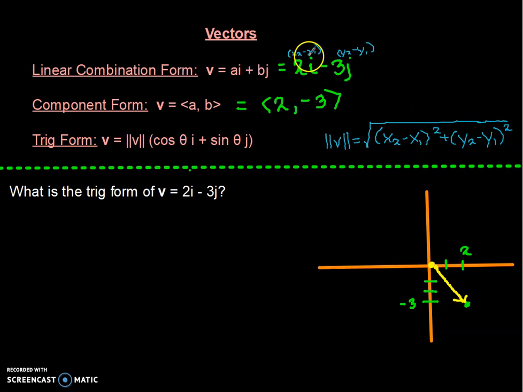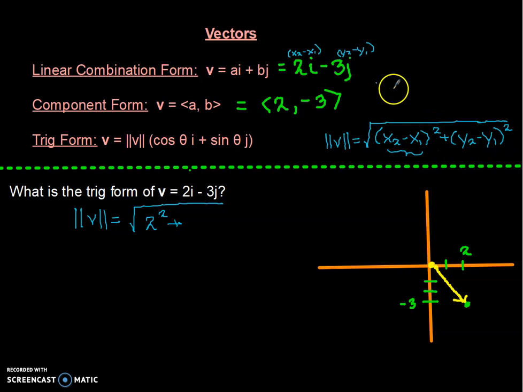So since this first term came from x sub 2 minus x sub 1, I already have that value. So the magnitude, this is already given to me. This is 2. You're going to write down the squared. Again, the i and the j just notates the x and the y value of the vector. You're not actually going to use it to calculate.